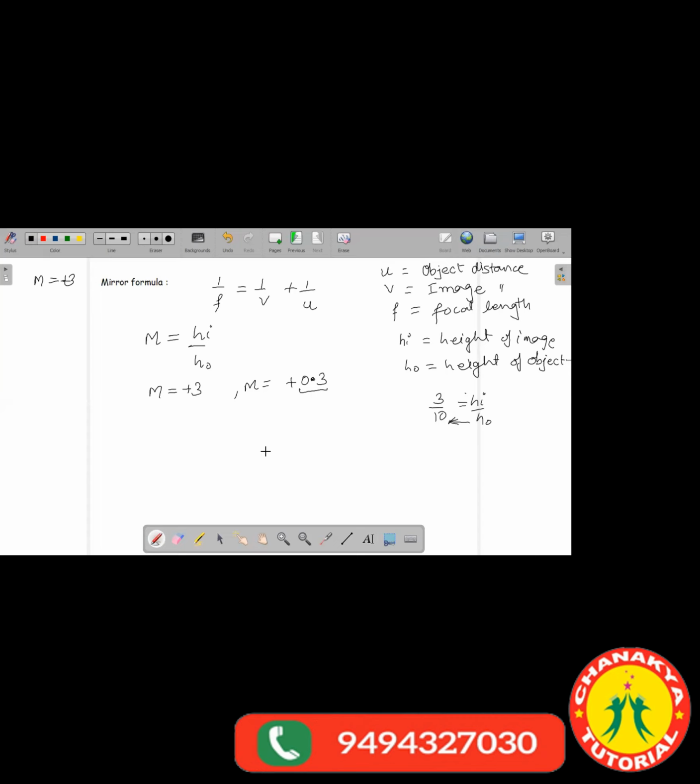Convex mirror. So this is how you have to extract information given in the question. If your question says that magnification is plus 0.3, it is not only saying plus 0.3, it is giving you a lot of information.